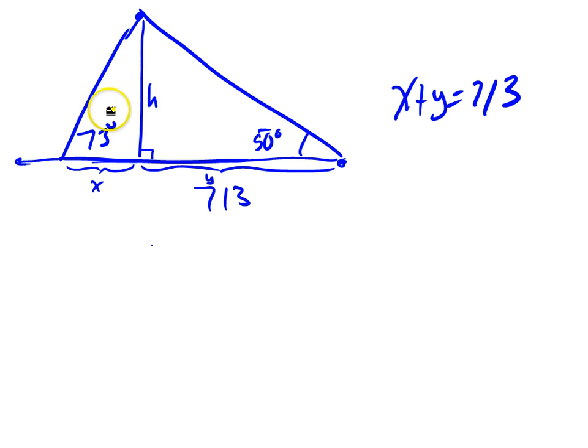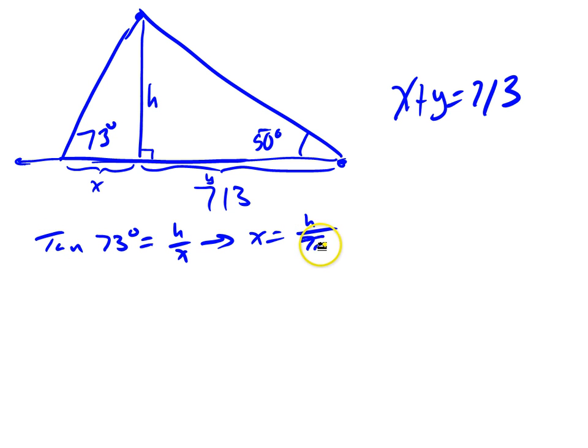So here we go. I look at this triangle with a 73-degree angle in it, and I see H is the opposite side and X is the adjacent side. So I know that the tangent of 73 degrees is H over X, which lets me solve for X: X is H divided by tangent of 73 degrees.